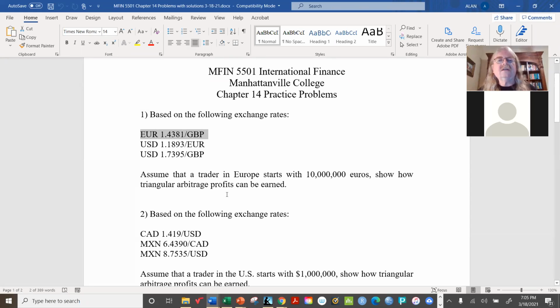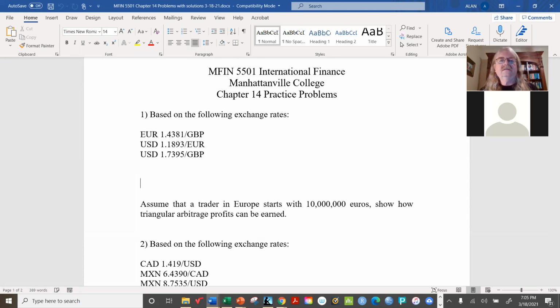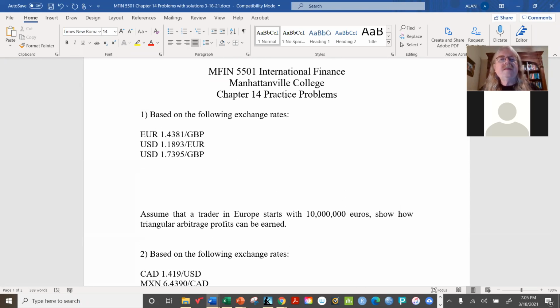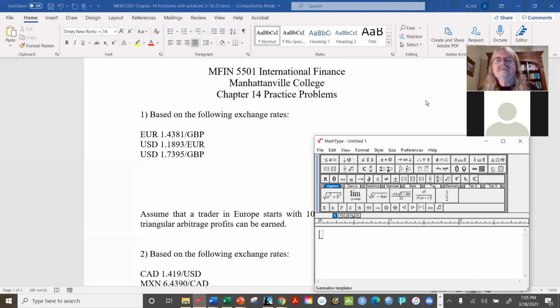Well, let's take a look at them all side by side. The cross exchange rate is between the euro and the pound. Why don't we do this in the equation editor? It might be easier to read.